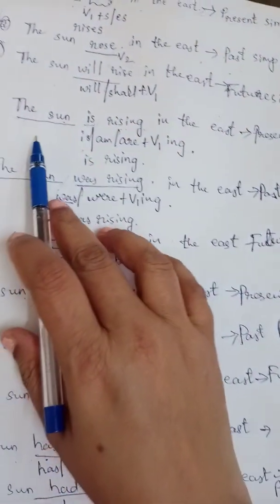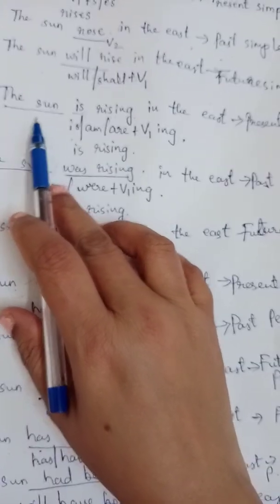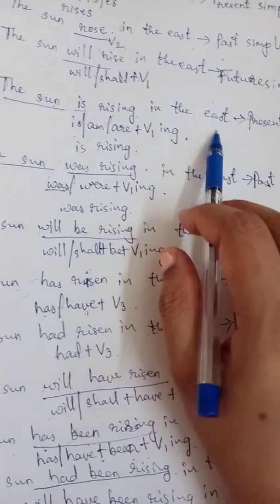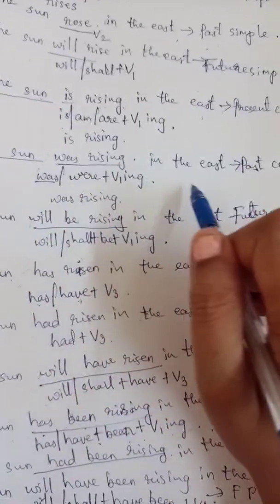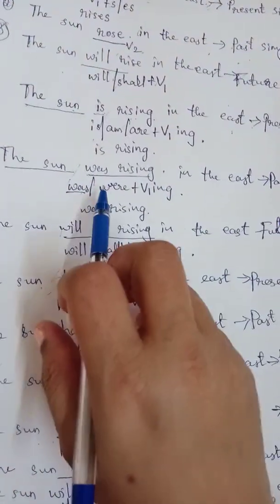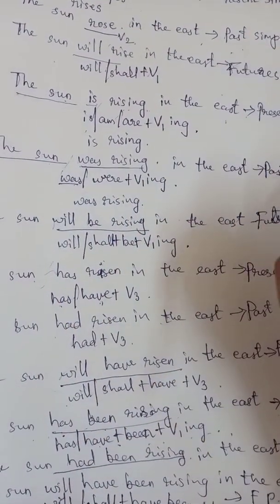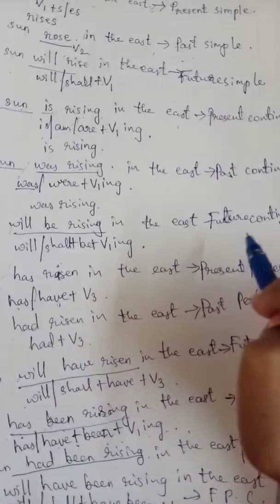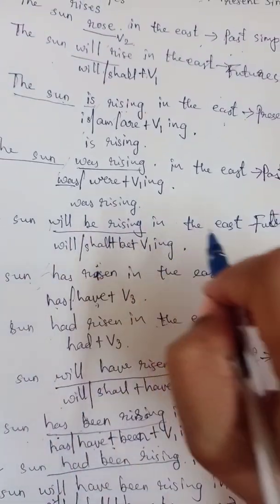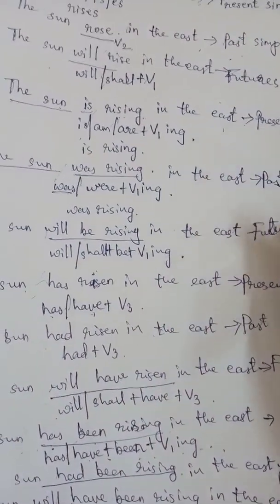Present continuous, the sun is rising in the east. Past continuous, the sun was rising in the east. Future continuous, the sun will be rising in the east.